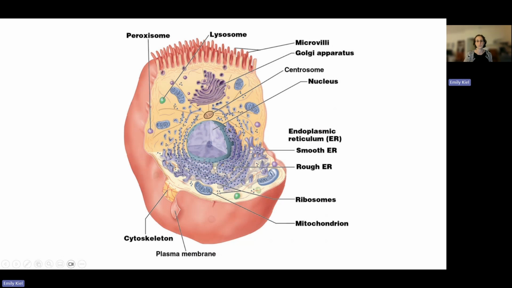Those are the little dots and specks that we have on our rough endoplasmic reticulum. You have here your mitochondria. I think they look like beans with little squiggles in them. You have your cytoskeleton that's providing support and transport throughout the cell, and your plasma membrane here. We'll look at some other things as we continue going along as well.